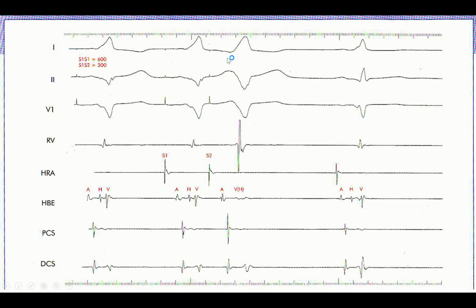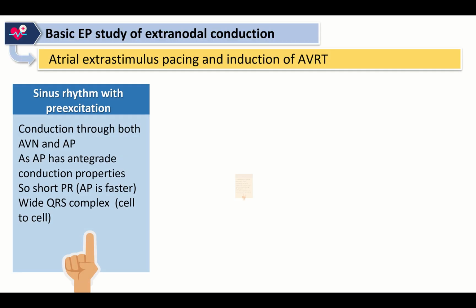The delta wave comes earlier and the H comes late. Then we can see the HV interval become shorter and shorter, then simultaneous activation of H and V. Why? Because more conduction through the accessory pathway, ventricular pre-excitation dependent on the accessory pathway.